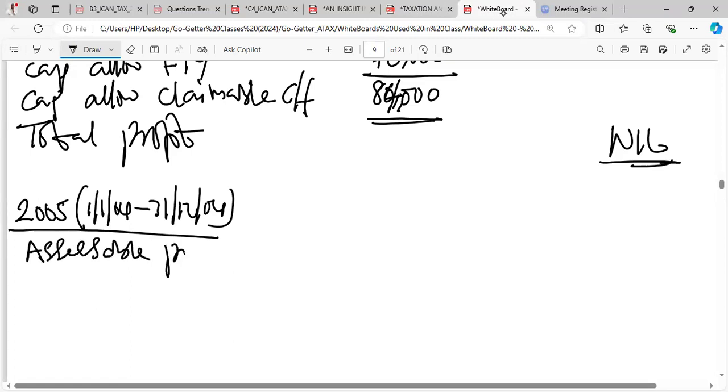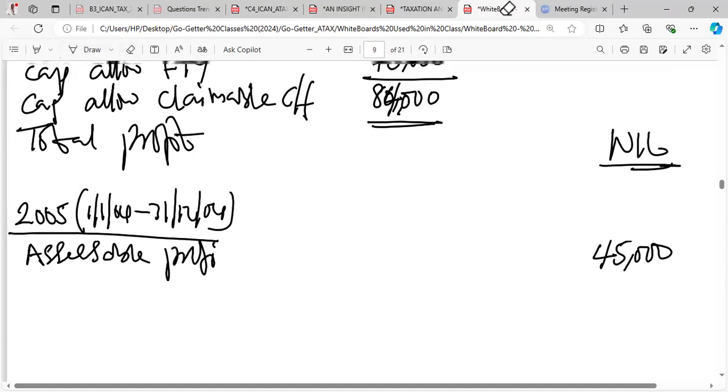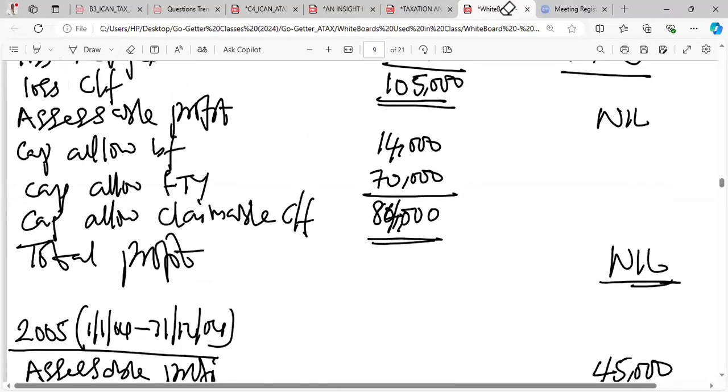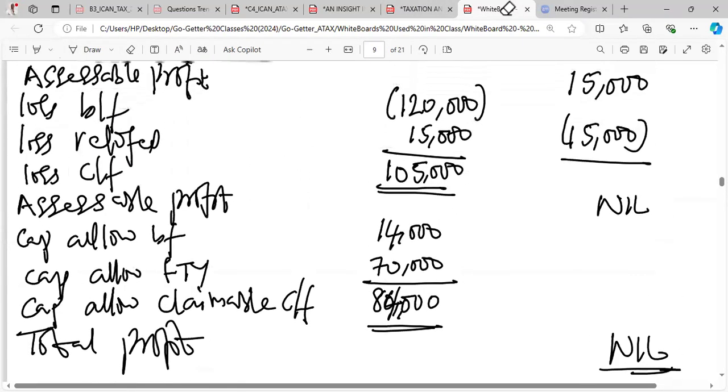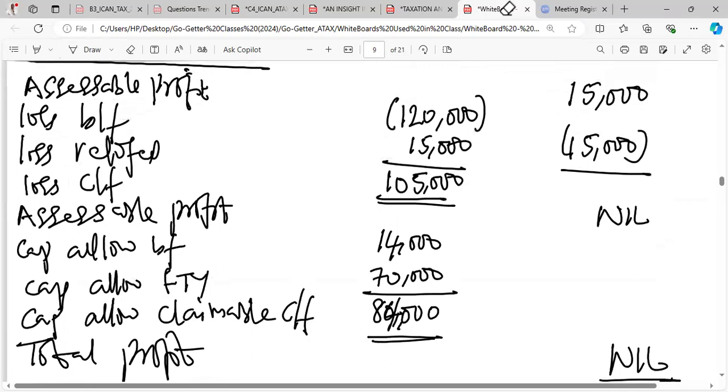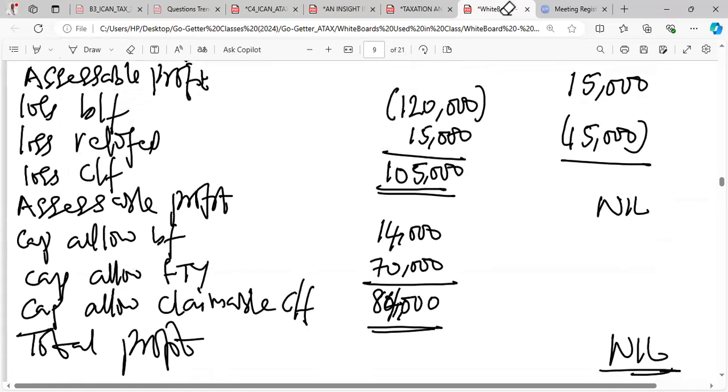Accessible profit, 45,000. Do we have any loss that we have been carrying forward? Loss carried forward is 105.